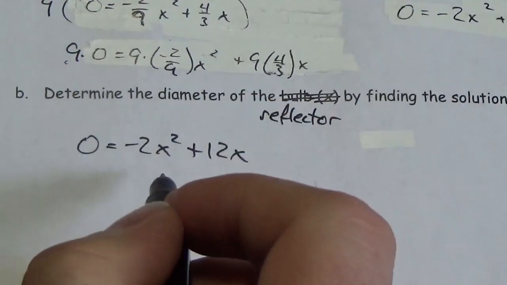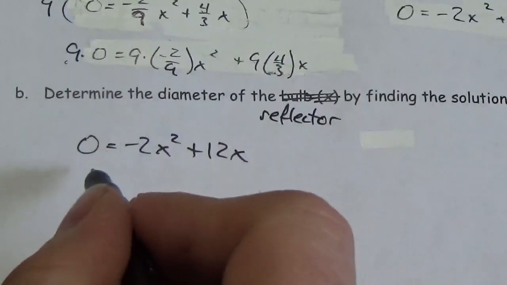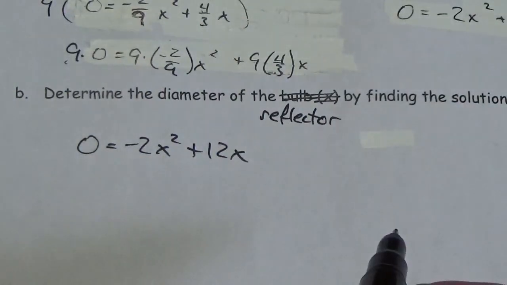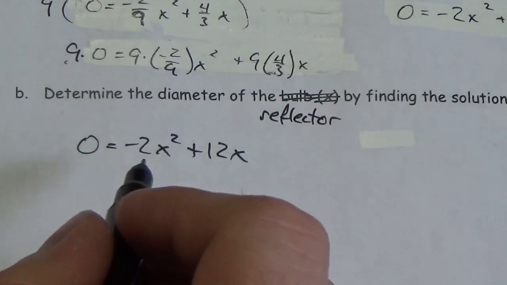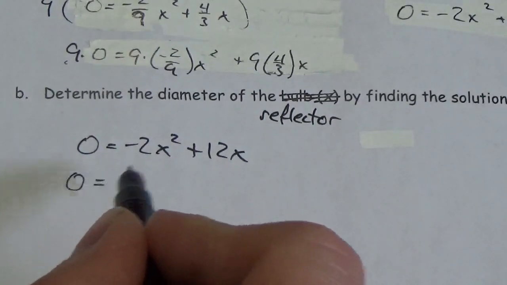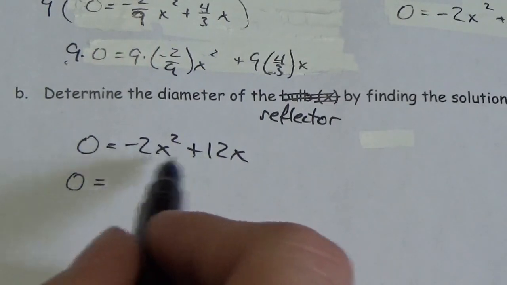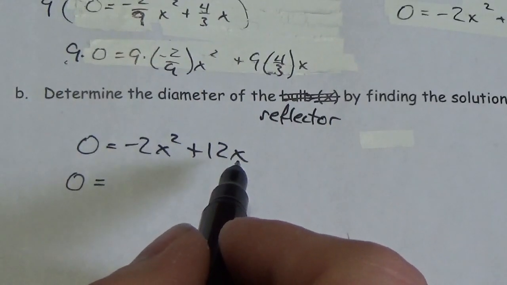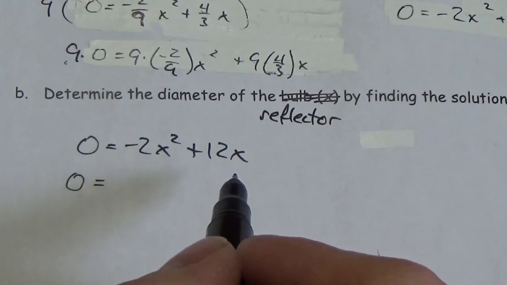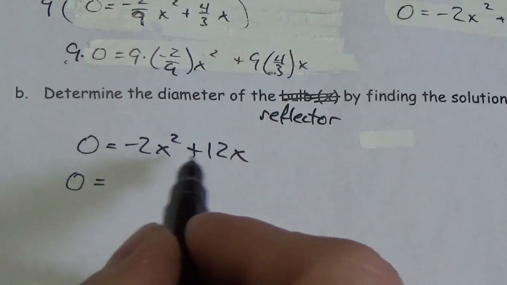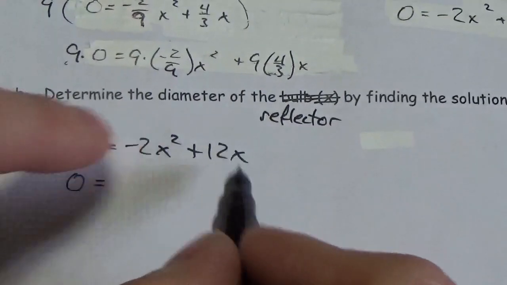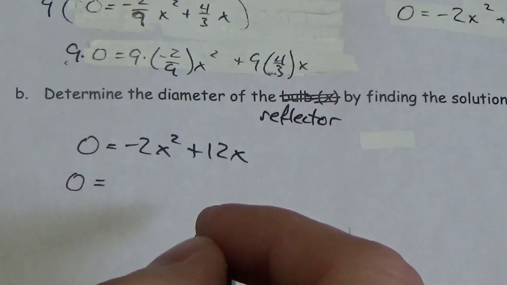Now, there are a few things you can do with this, but we know that we're going to solve this by factoring. What I would do here is I see that there's just two terms here, so I'm wondering if it's a difference of squares. Because of that, I know this is not a trinomial, so I'm not going to be doing guess and check or decomposition here.